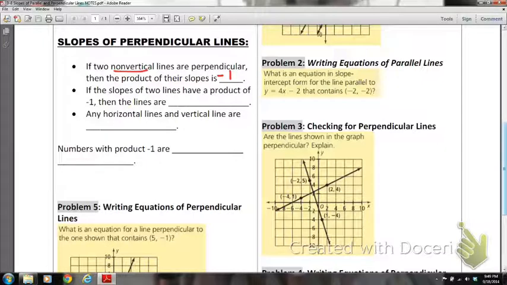We can make the converse of that statement, which is also true. If the slopes of two lines have a product of -1, then those lines are going to be perpendicular. And any horizontal line and vertical line that intersect are going to be perpendicular.